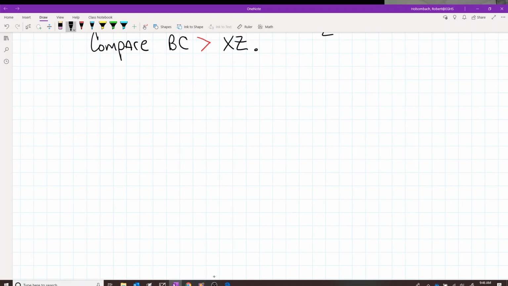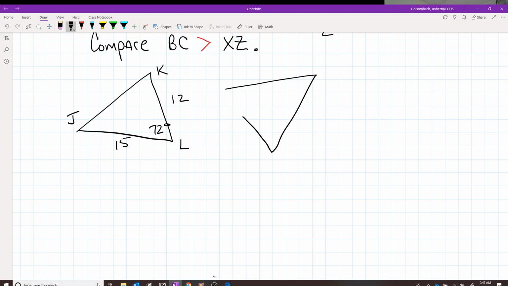Look at Guided Practice 1A up on the top of page 372. You got a triangle JKL with one side that's 15, one side that's 12 and a 72 degree angle. Triangle on the right is MPQ with a side that's 15, a side that's 12, and a 61 degree angle.